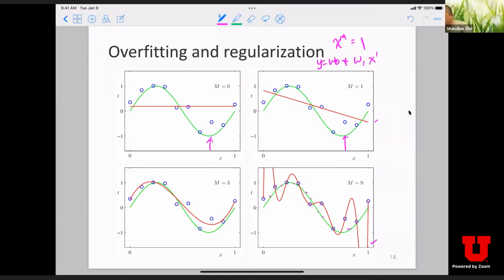Obviously, m equals 3 will end up with a much better learning result, although the training accuracy won't be 100%. However, if you look at the prediction error on any other points, it will be much smaller than for m equals 9. Okay.